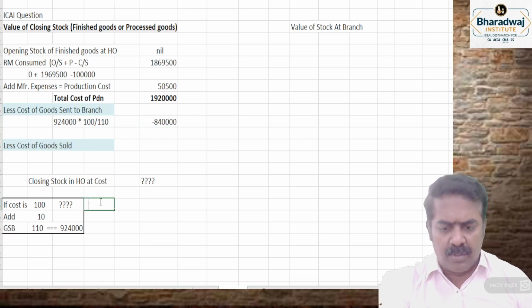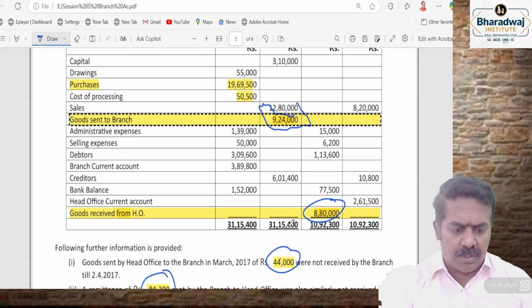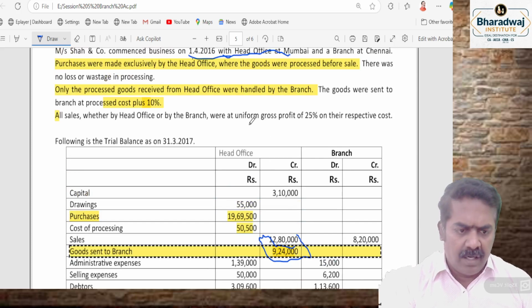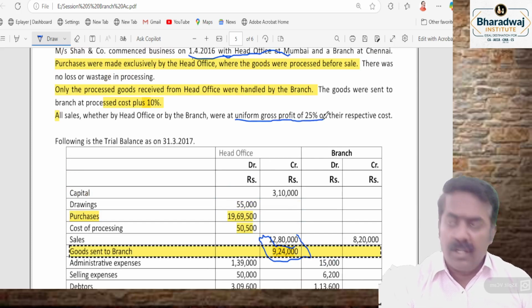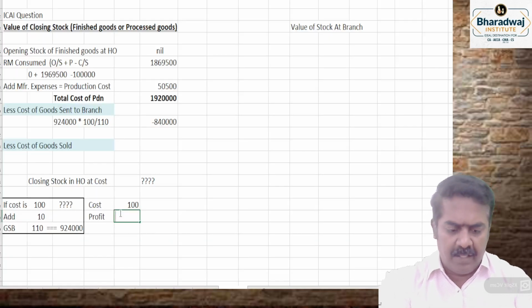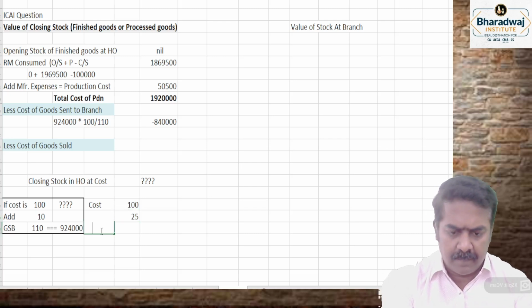Cost of goods sold. Goods are sold at a uniform rate of 25% on their respective cost. If cost is 100, profit will be 25, and selling price is 125. Selling price is given.